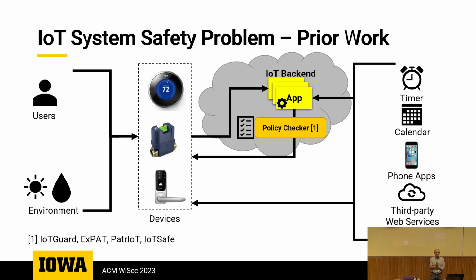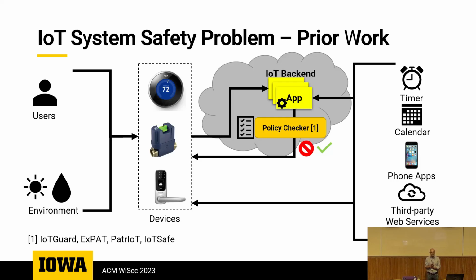The idea was that apps come from untrusted sources, so all bad things that happen to the system happen because of apps. So many of our works essentially instrumented these apps to enforce policies, okay? But it turns out that is only a partial picture, because there are other interactions that could take the system to an untrusted situation.